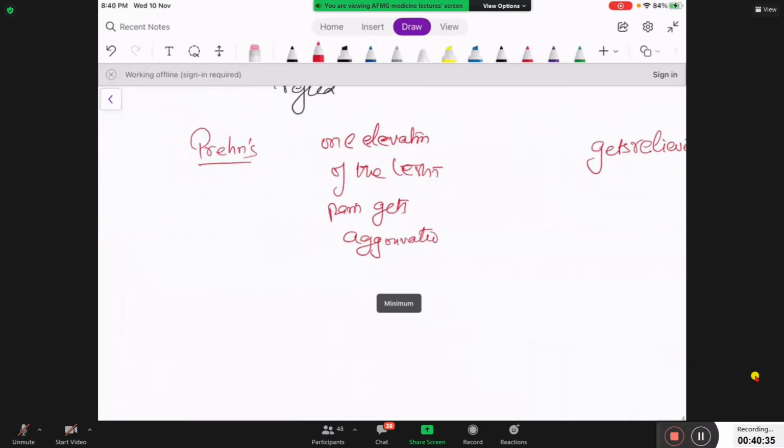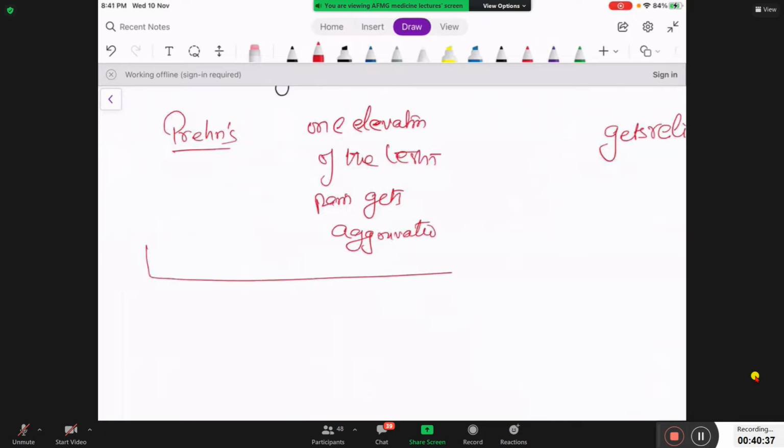Now, please listen to this point very carefully. And this is what they check also. The moment you have clear-cut evidence of testicular torsion on the basis of your clinical signs and symptoms, every single minute delayed will cost the testis.